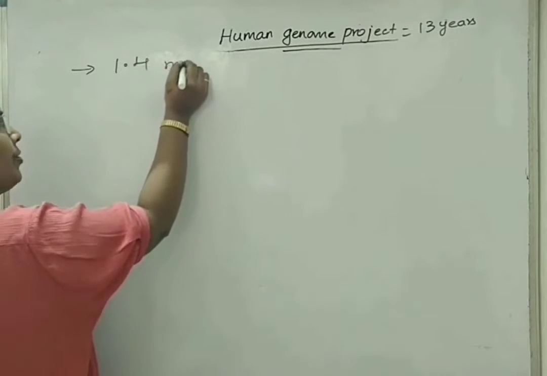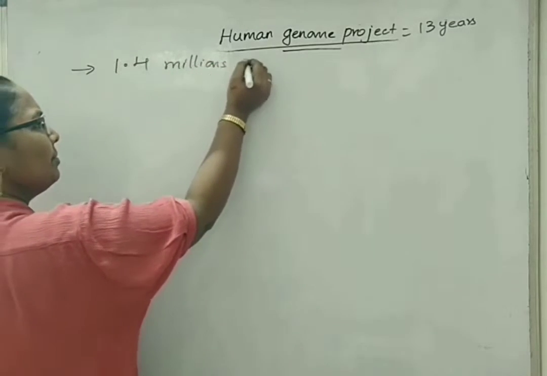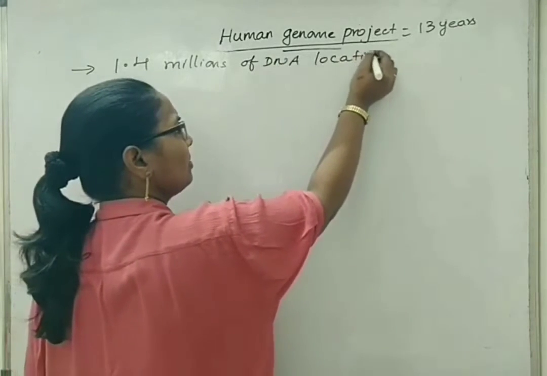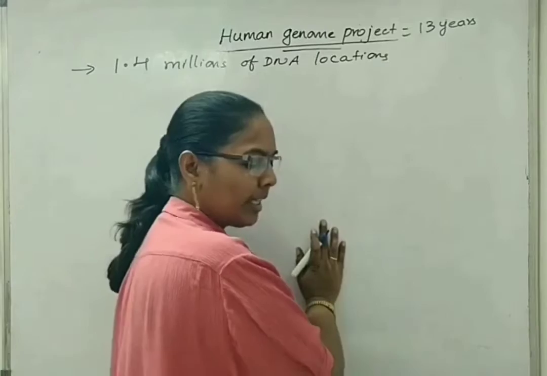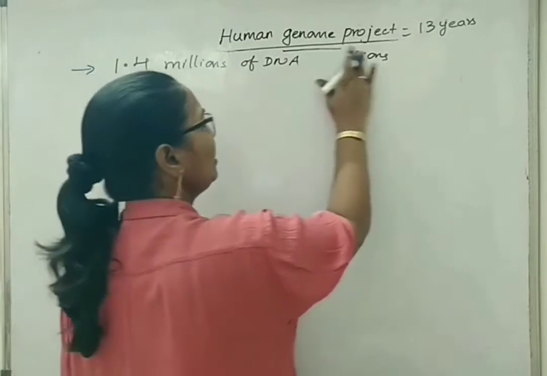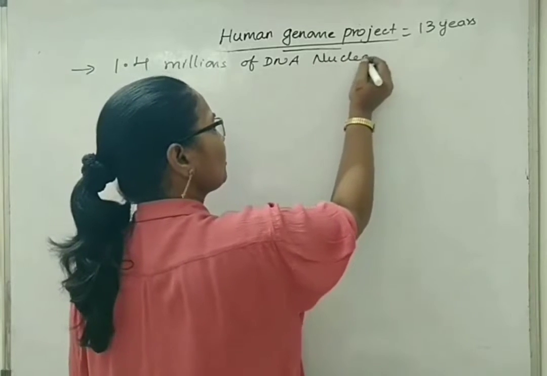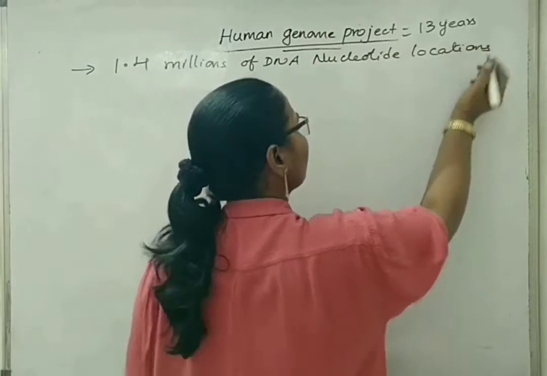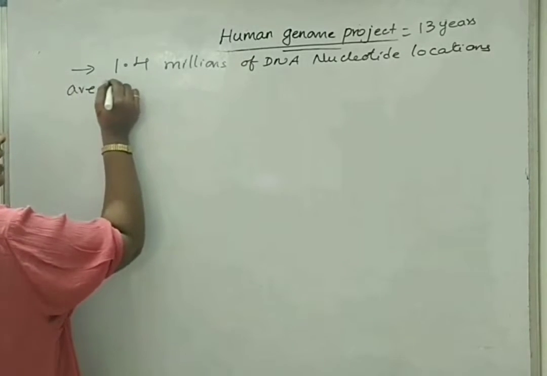Nearly 1.4 million DNA locations, meaning nucleotide locations of DNA, are identified.